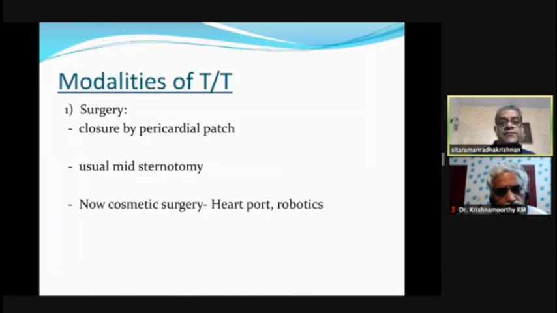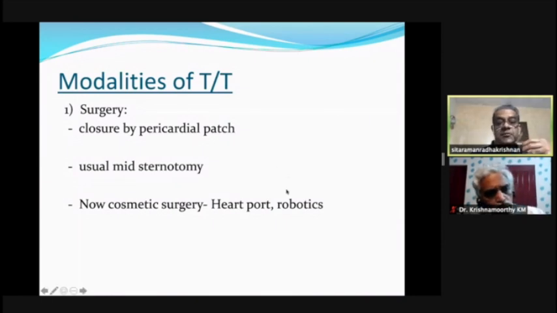The modalities of treatment, of course, surgery was the mainstay of treatment till about 2 decades ago. The usual method was a mid sternotomy incision, leaving ugly scars in the sternum. But now they are able to do what is known as cosmetic surgery. We call them heart port surgery, where all the cannulation is done through the peripheral veins.